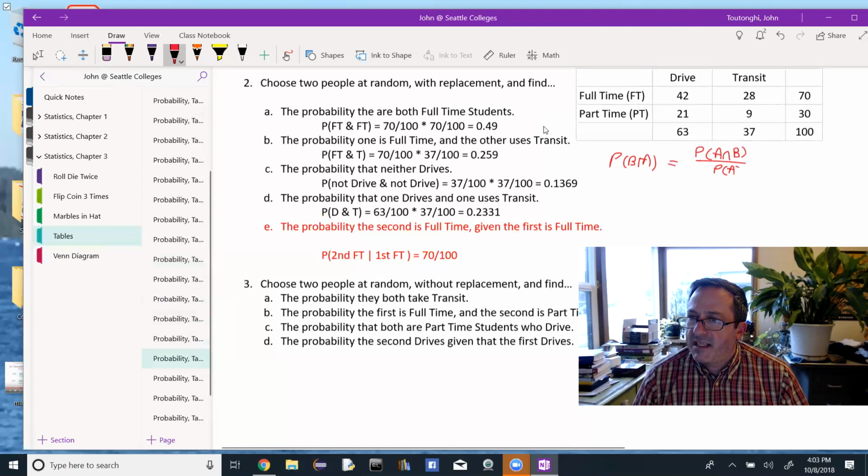But because these are independent, that numerator is the product of each probability separately.